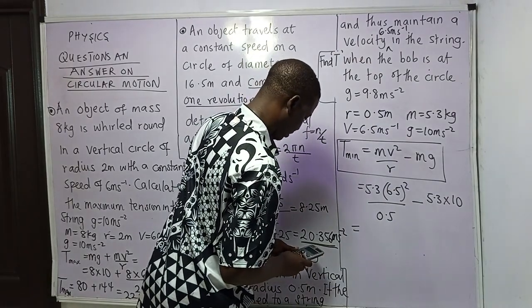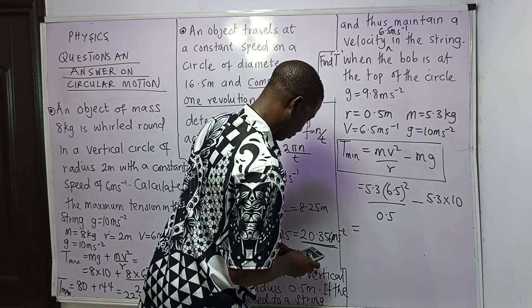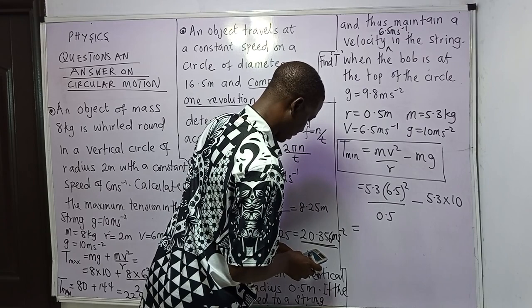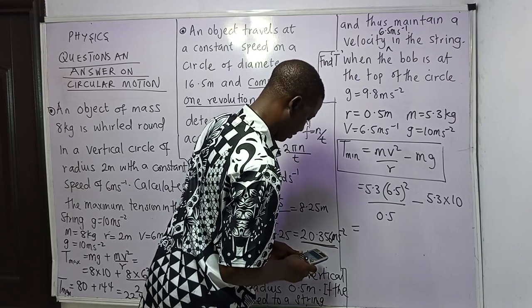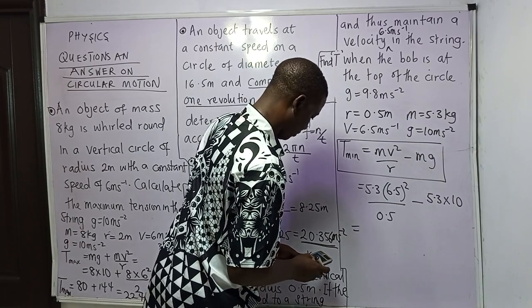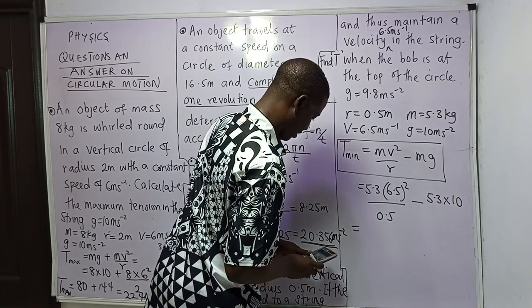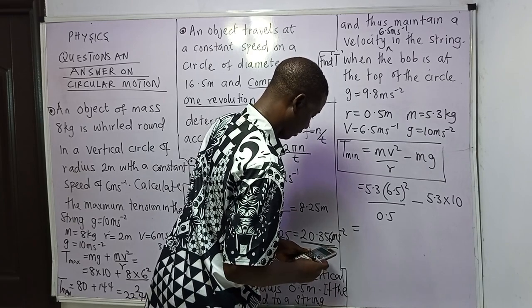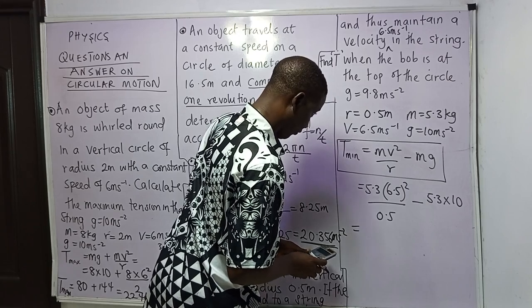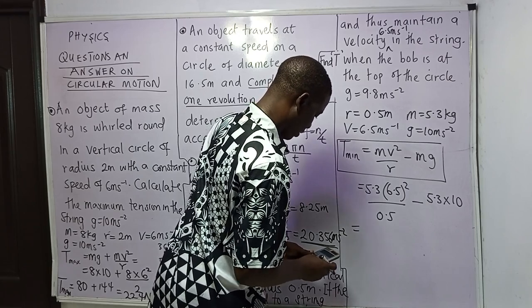I want to have 5.3 times 6.5 squared, then divide by 0.5, minus 53.